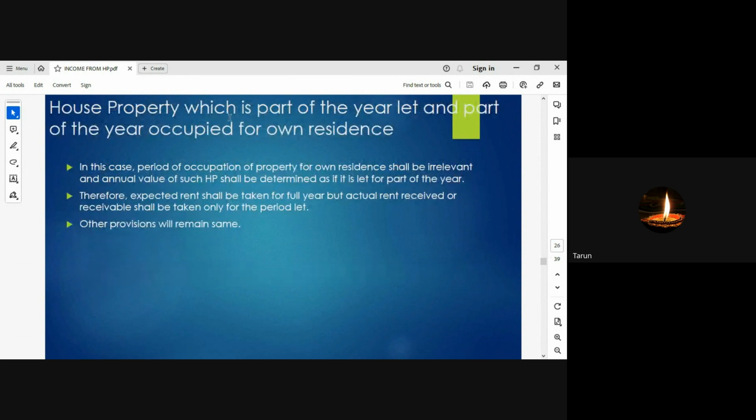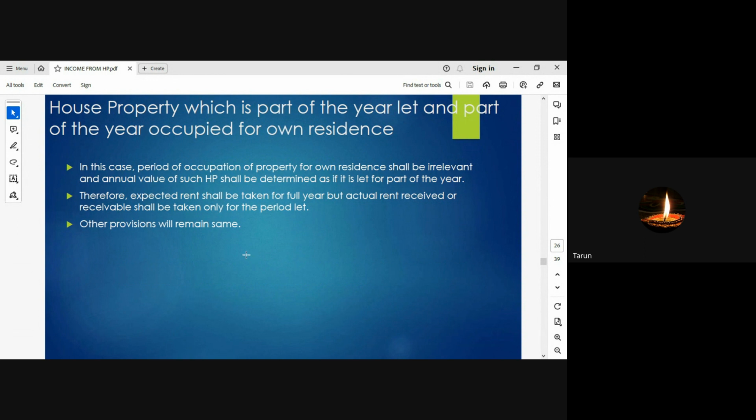Next, a house property which is part of the year let out and part of the year occupied for own residence. In this case, the period of occupation for own residence is irrelevant, and the annual value of such house property shall be determined. It depends on which period is let out.